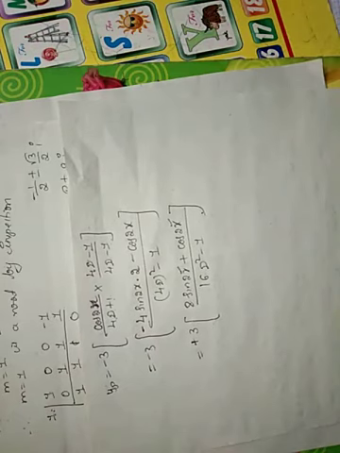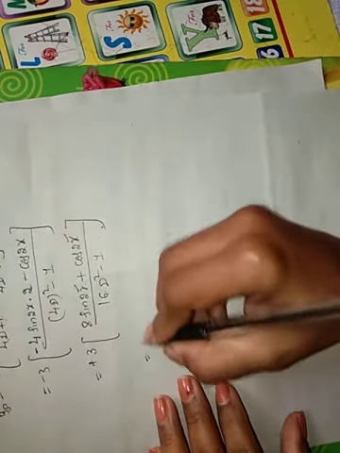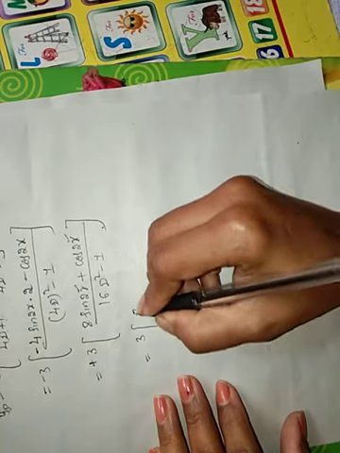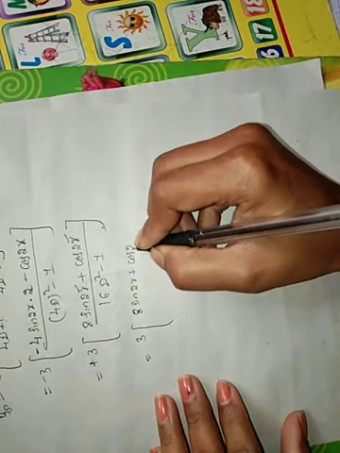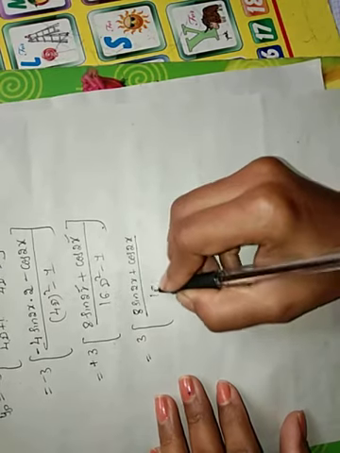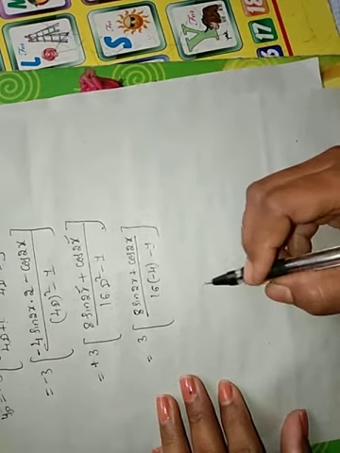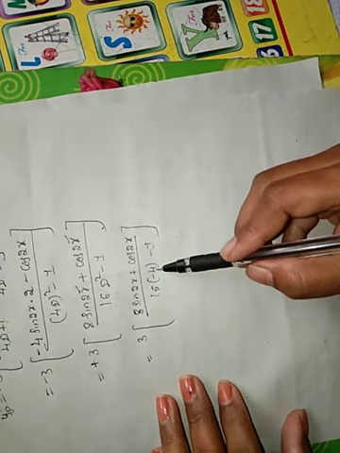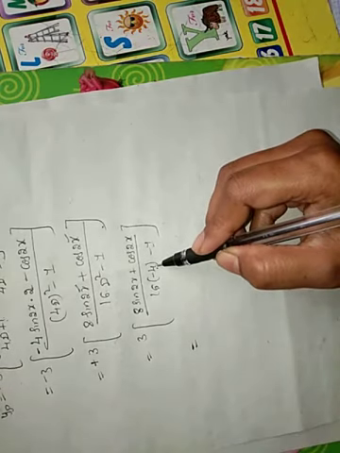So directly we have to replace D square here. So replace the D square again by minus 4. So 3 into bracket 8 sin 2x plus cos 2x, divided by 16 into minus 4 minus 1. 16 into minus 4 is minus 64.